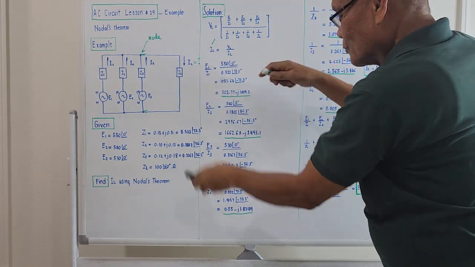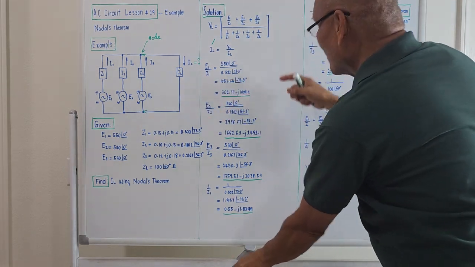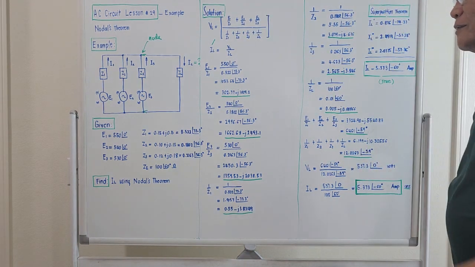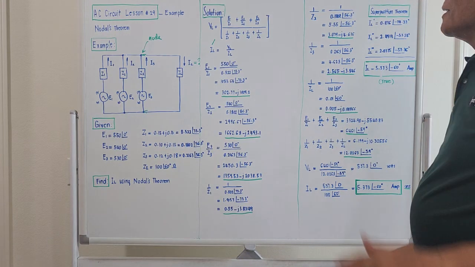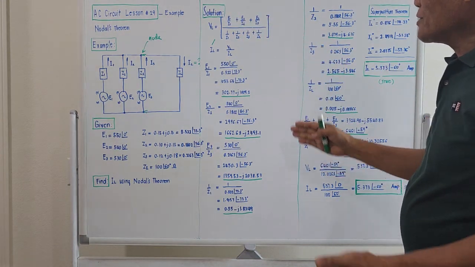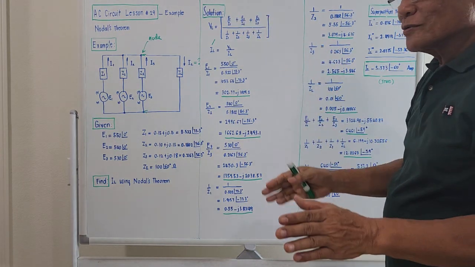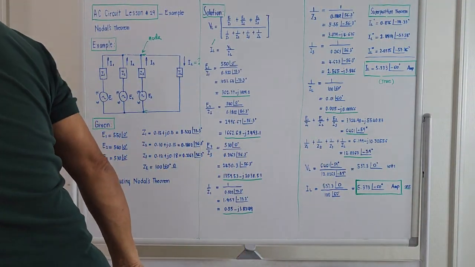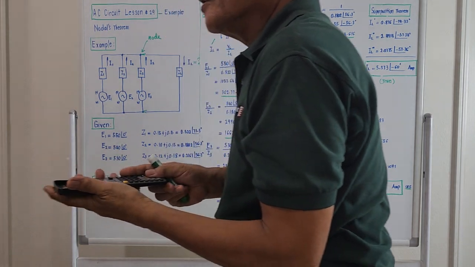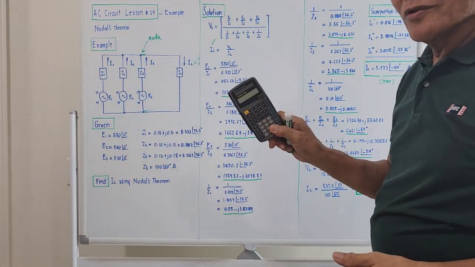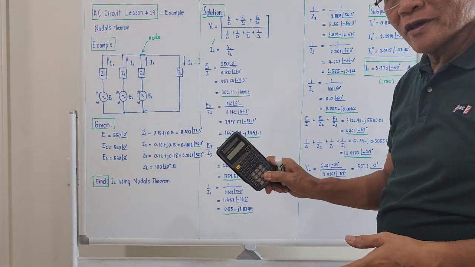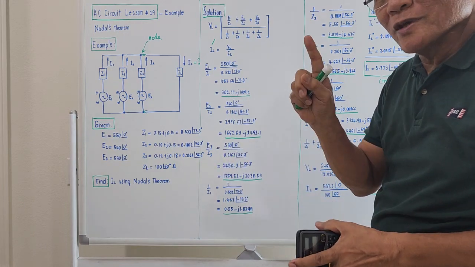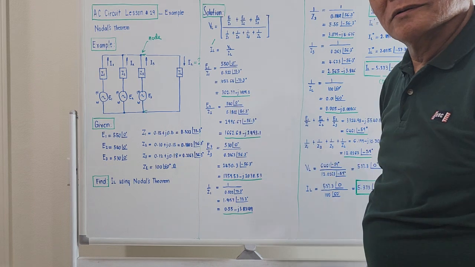But for this morning, we are given three, so we added E3 over Z3 and 1 over Z3. Oh, it's easy. If you know your equation, it's just a matter of computing this one. At least you are good with using your calculator. The main problem here is the conversion from polar to rectangular. Just be accurate, because if you make one mistake on the sign, it's all wrong.